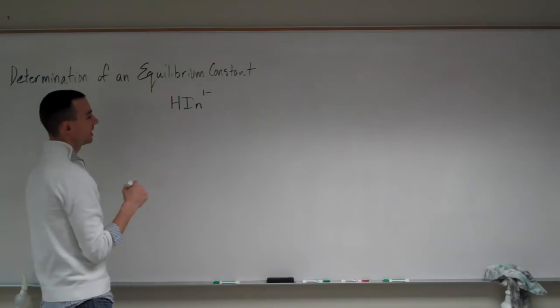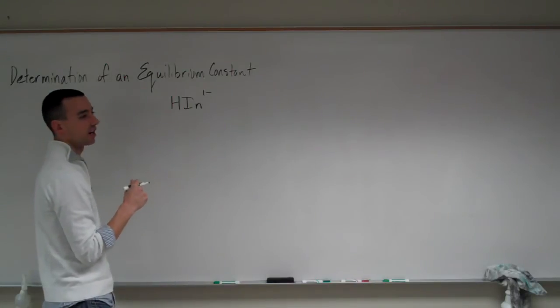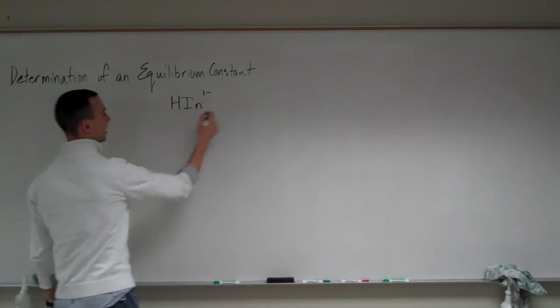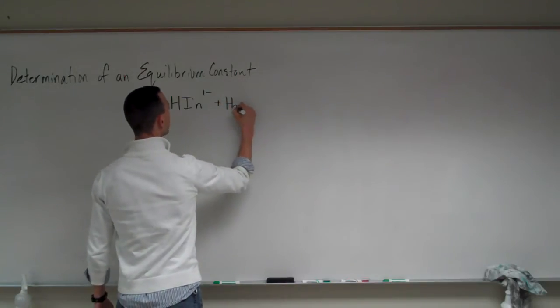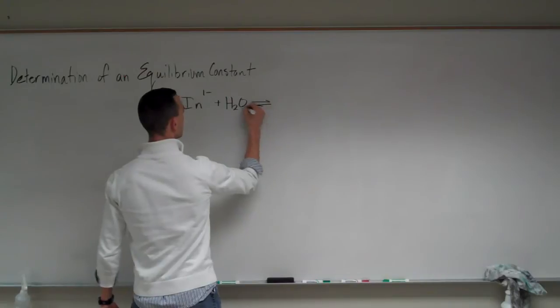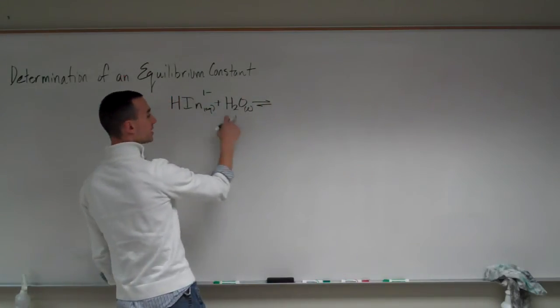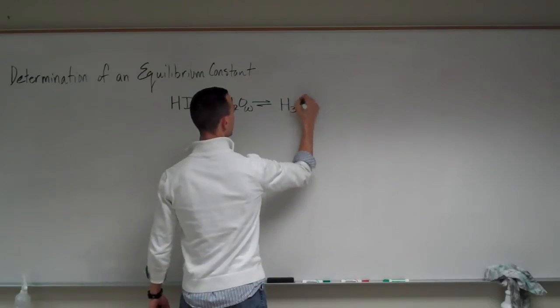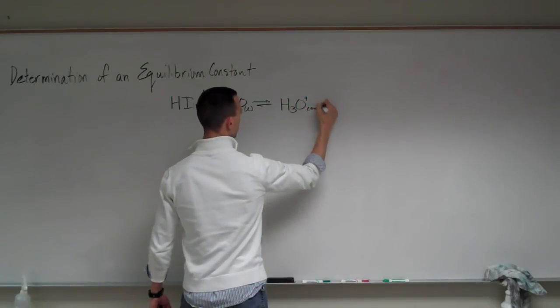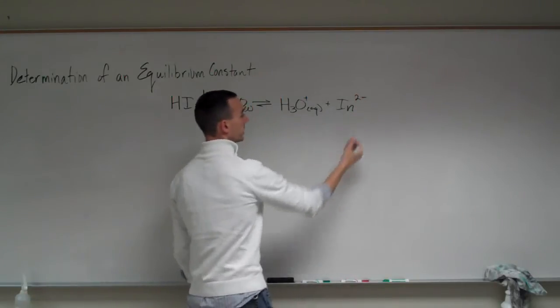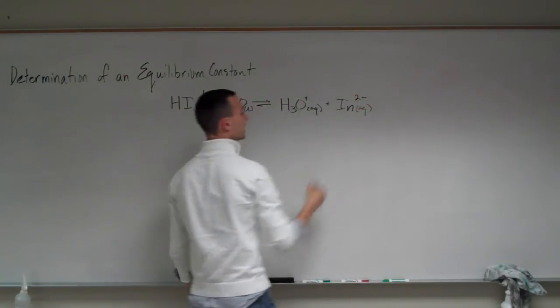It's dissociated from its cations in its salt form, and it now has a proton though. So when it's put into water, it donates to water, generating some H3O+, and the remaining In, the indicator, with a 2- charge on it now.